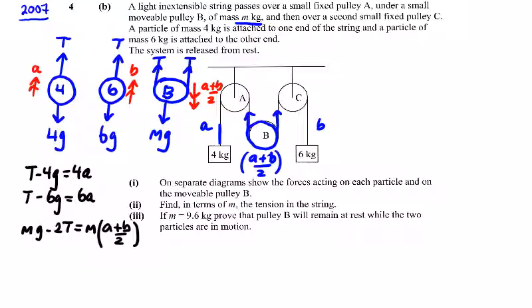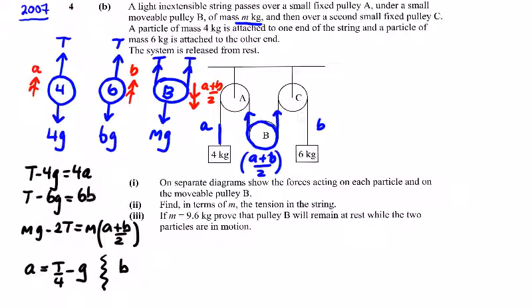So if we get A and B from the first two equations and sub them into the third one, we can say that A is equal to T over 4 minus G, and B, we call the second one B, that should be 6B.